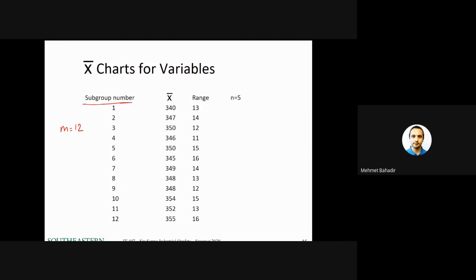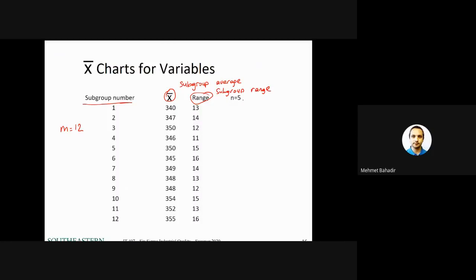For each subgroup, you calculated the subgroup average, and also for each subgroup, you calculated the subgroup range. And also, when you were collecting data, you did 5 individual readings for each subgroup.